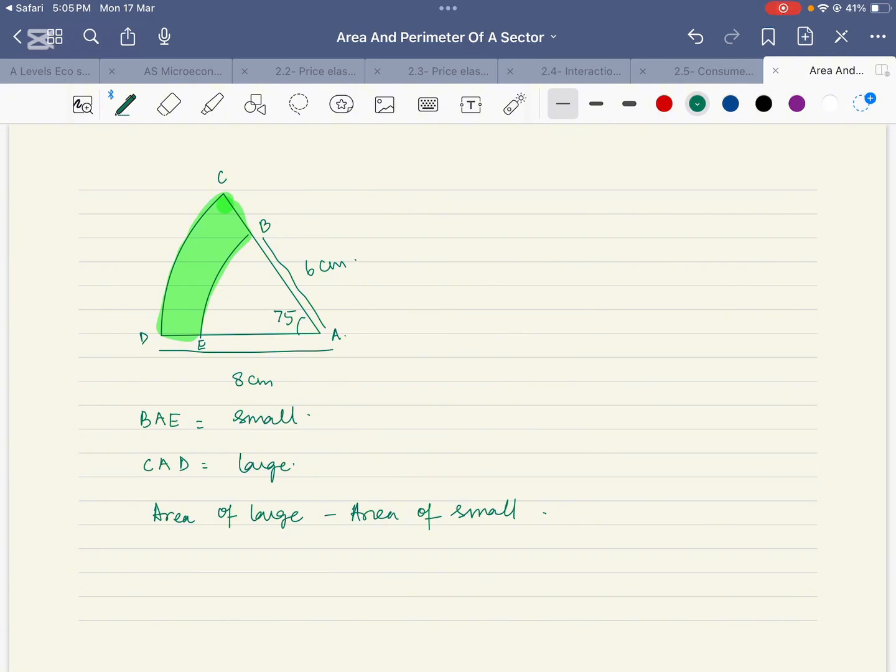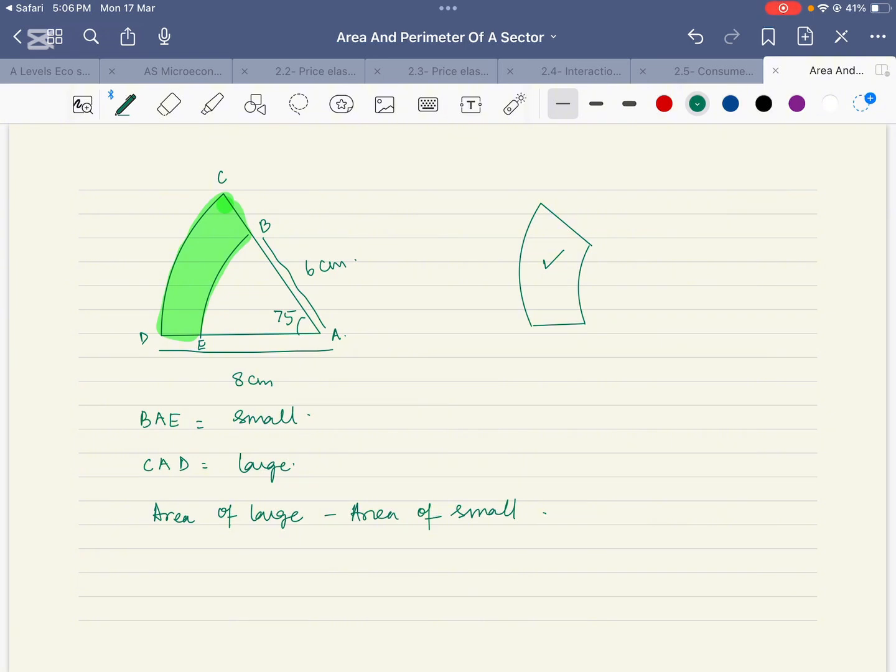How do we do that? For example, this is the larger one, and I cut out this much part from it, and of course this is also the line that I have cut out. I will get the remaining part, which in this case is the shaded region.